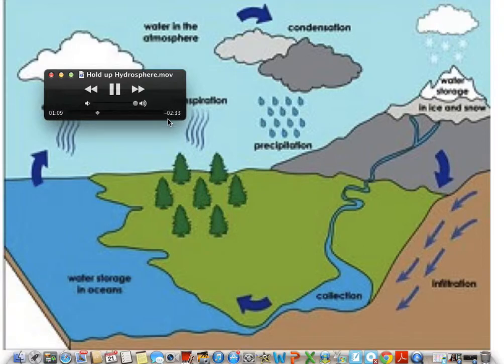Groundwater getting all over. Ocean's most, it's not over. We only use small amounts in the water cycle. H2O changes shapes. Yeah, that's wacky.